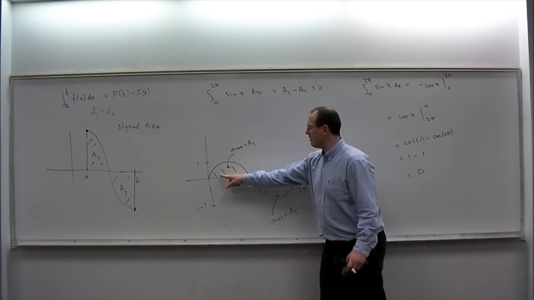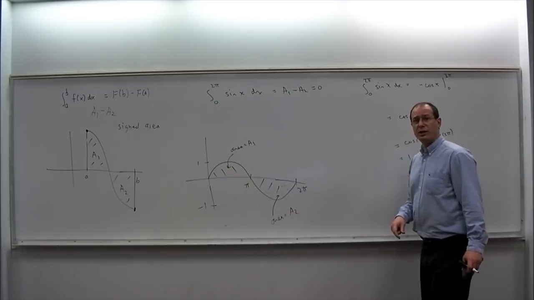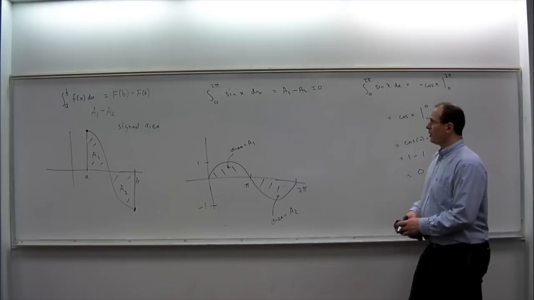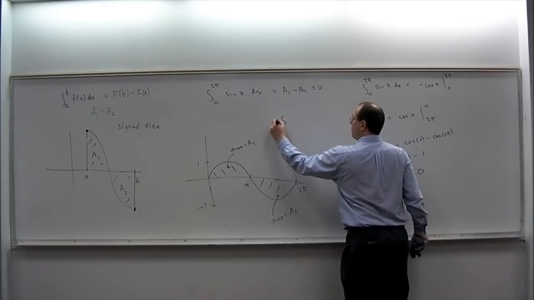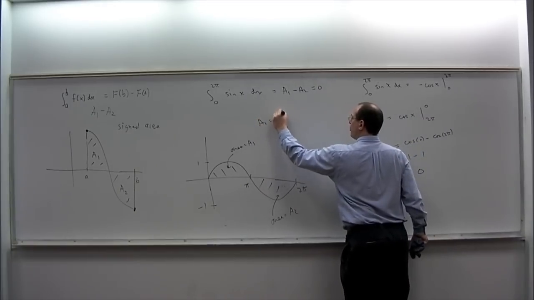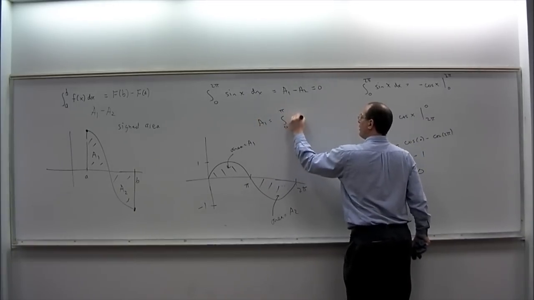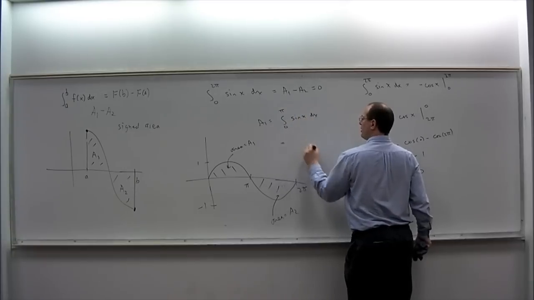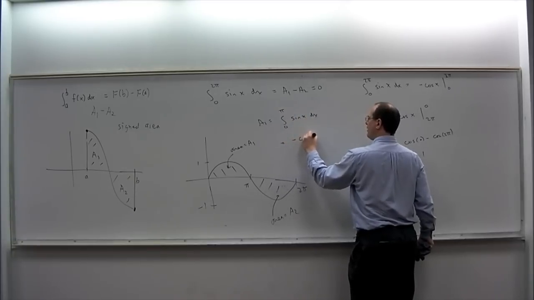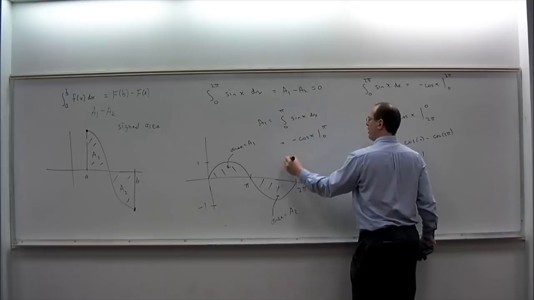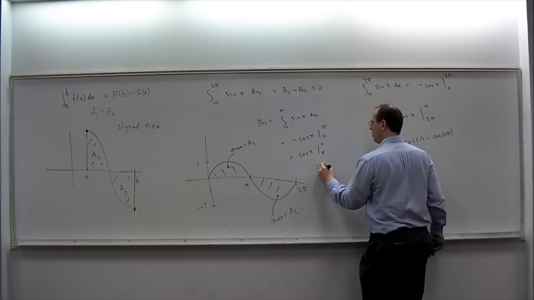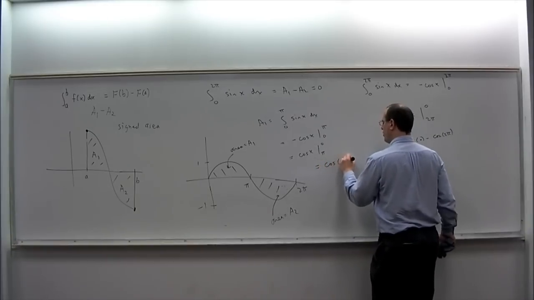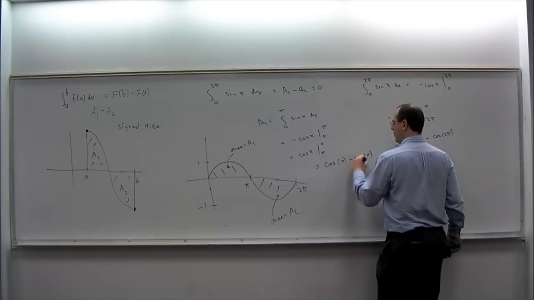How big is this area A1 is one last question we could tackle. What is A1? To find A1, that would be the integral from 0 to pi of sine x dx, and that would be negative cosine of x from 0 to pi, which would be cosine of x from pi to 0, which would be the cosine of 0 minus the cosine of pi.